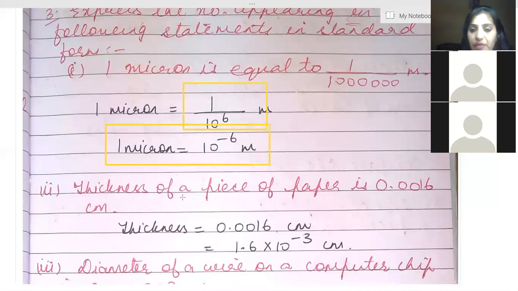Now thickness of a piece of paper is 0.0016 centimeter. So we will say it is 1.6 into 10 to the power minus 3. How did 1.6 come? The decimal jumped over 3 places, 0, 0 and 1. After that it is being placed. Okay, beta? Yes, ma'am. Okay.